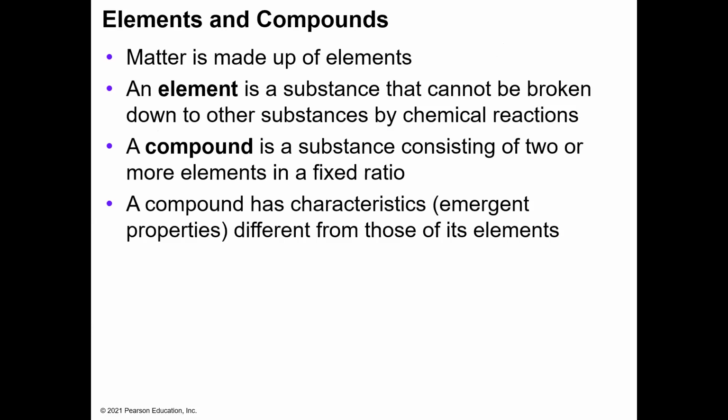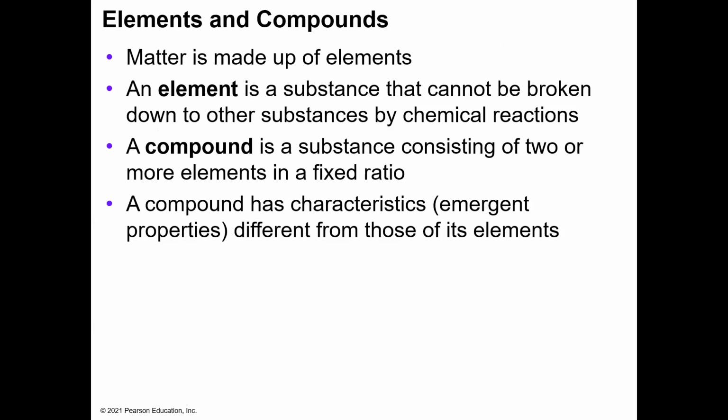Matter is made up of elements. So what is an element? An element is a substance that cannot be broken down to other substances by chemical reactions. It is something that is atomically unique to other elements. A compound is a substance consisting of two or more elements, usually in a fixed ratio.